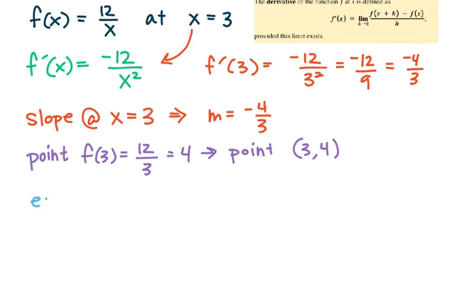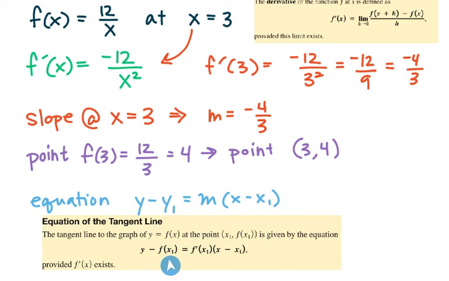And if I want to write the equation of the tangent line at that point, I'm going to use my point slope formula. So y minus y1 equals m times x minus x1. Now I presented this to you before. It looked a little different, just like this, which is exactly the same thing because the derivative is the slope.